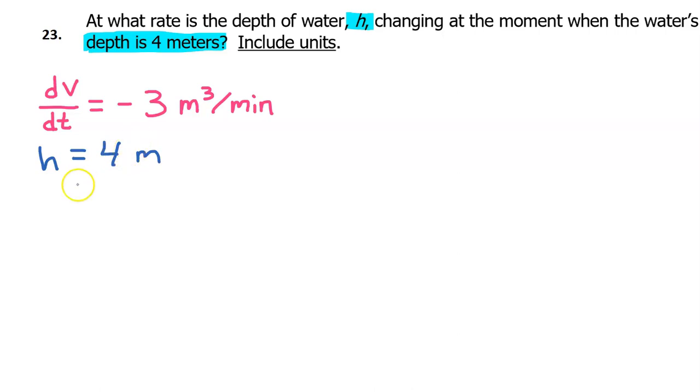So these are the facts that we know. Now let's add on what we are looking for. At what rate is the depth of the water, h, changing? So we are looking for the rate of change of h. In other words, we need to find dh/dt.